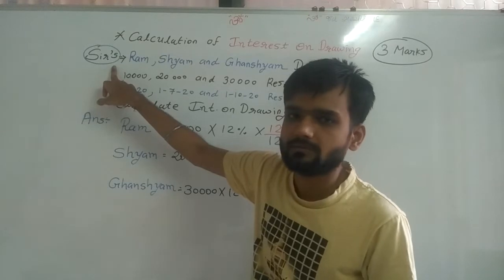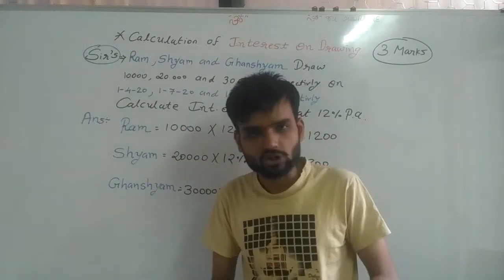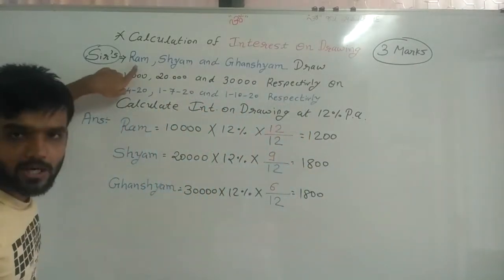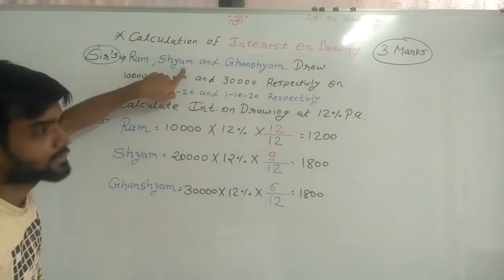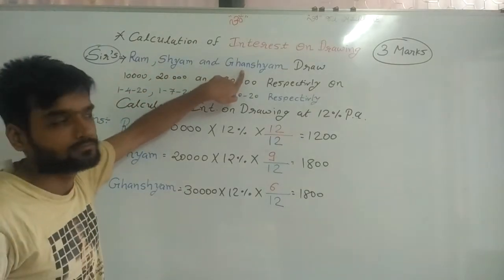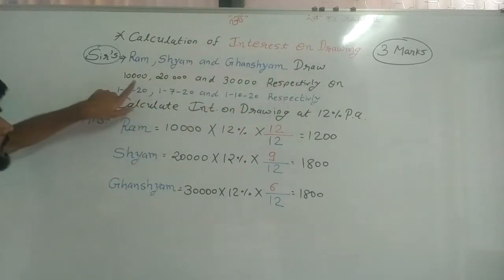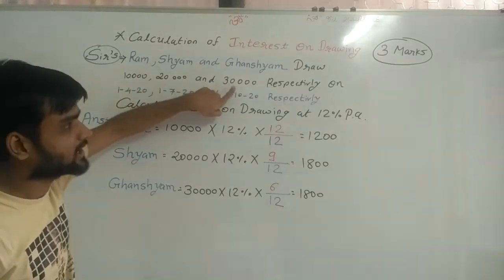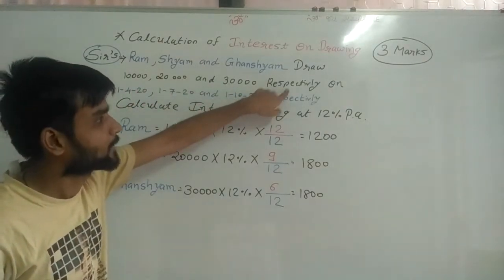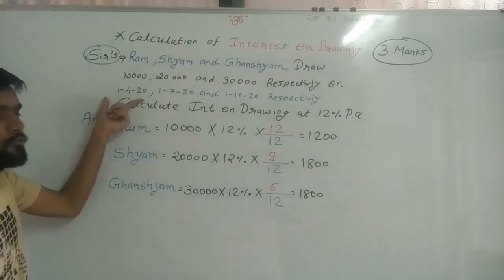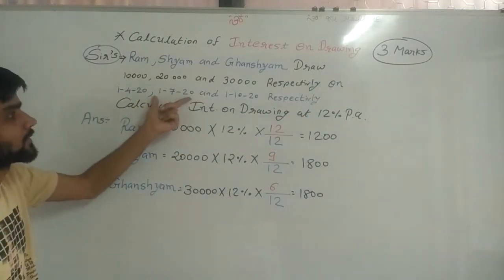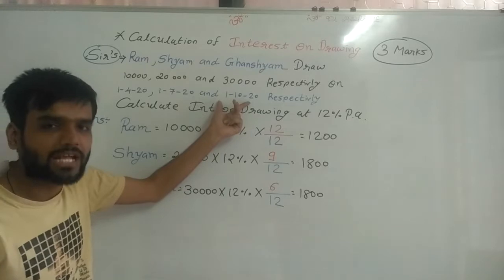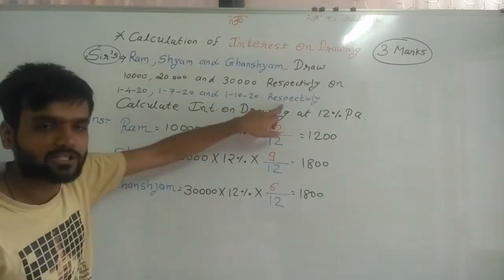Sir's example. Now what is the question? First of all we are understanding. Ram, Shyam and Ghanshyam draw 10,000, 20,000 and 30,000 respectively on 1/4/20, 1/7/20 and 1/10/20 respectively.